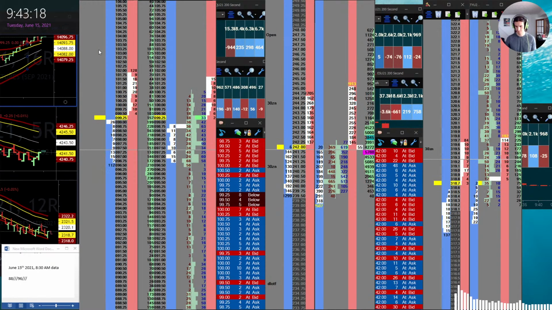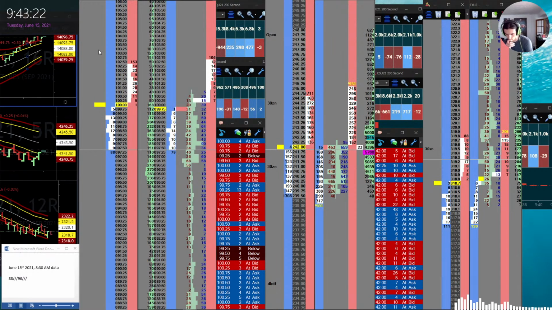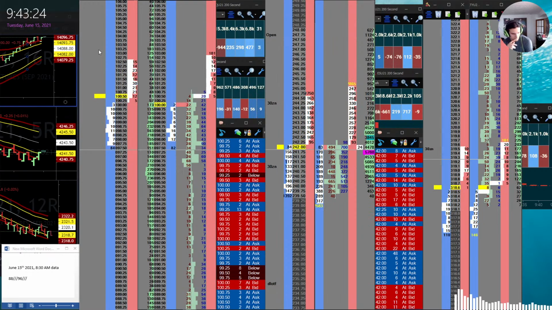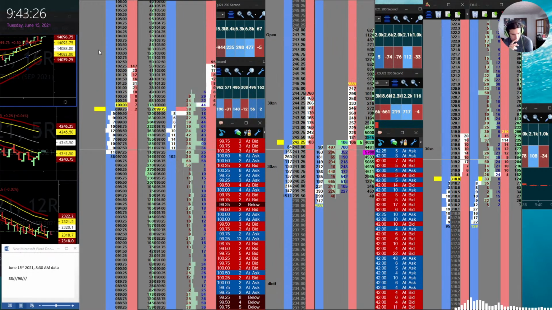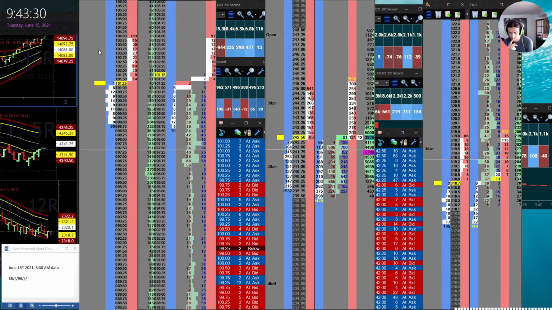Still moving up here. The Russell's still weak, trading near the lows.